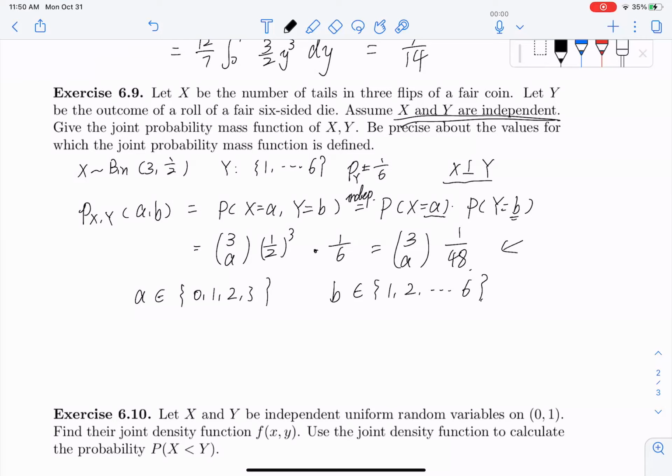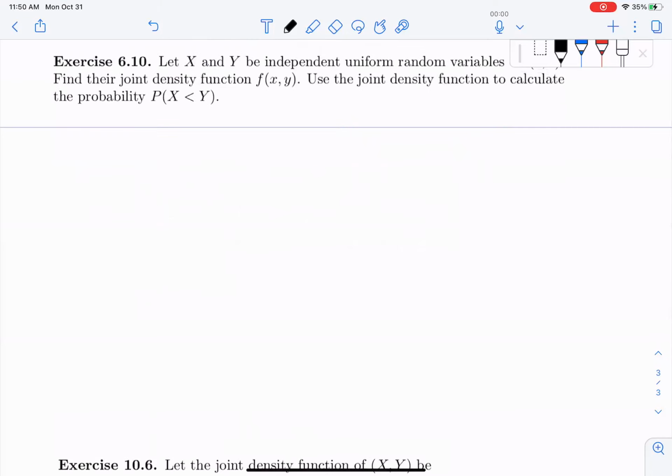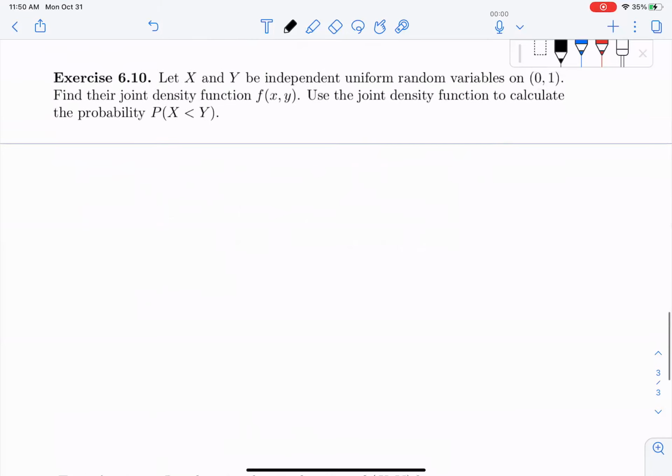Okay, we have 2 more questions left. So 6.10: X and Y are independent random variables on 0, 1, and find their joint density function, and calculate this kind of probability. So let me write down first. X is uniform, so X is between 0 and 1, otherwise it's 0.